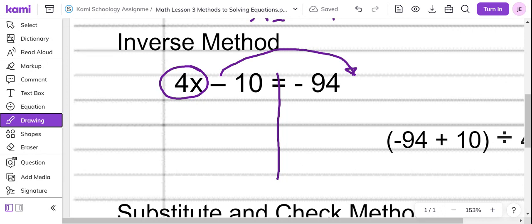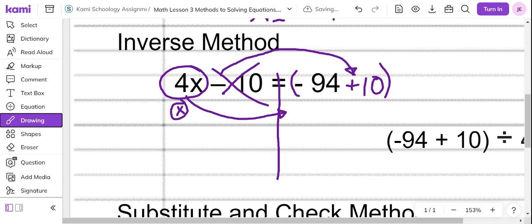So the opposite of subtracting 10 is adding 10. So this will cancel. We're going to flip and do the opposite on the other side. And then the opposite of multiplying by 4 would be dividing by 4.